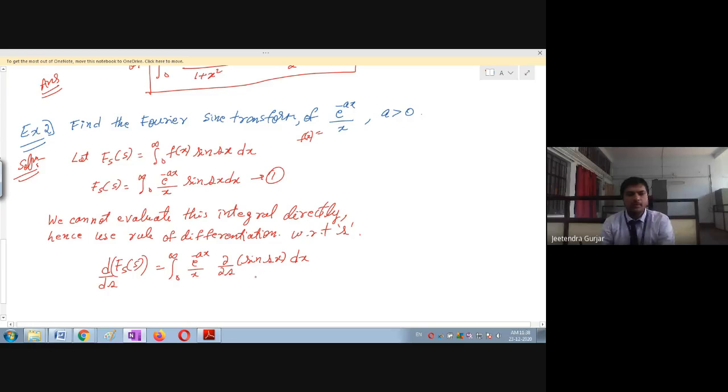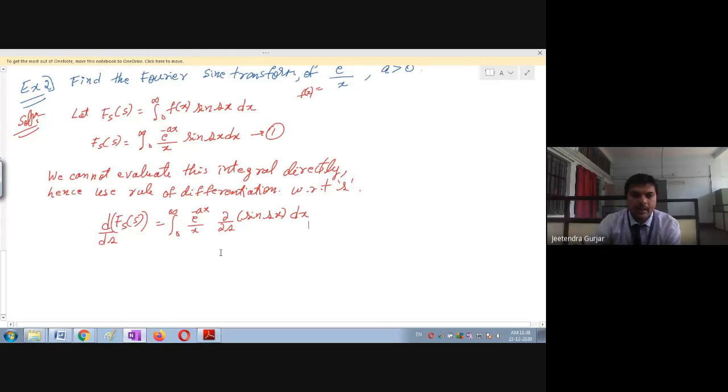dx. So you may be asking, sir, why are we using this differentiation only for s? Because you go and see that in the next 2, 3 steps it can be evaluated easily.